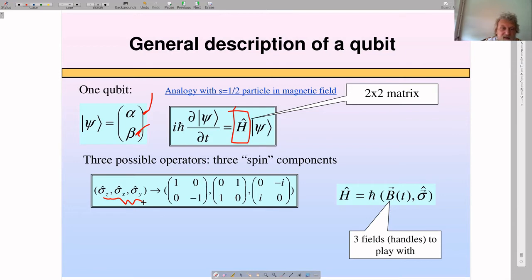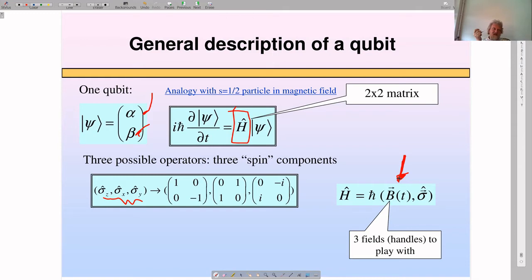A qubit can be regarded as a sort of electron spin which is subject to three fields, coupled to these Pauli matrices.